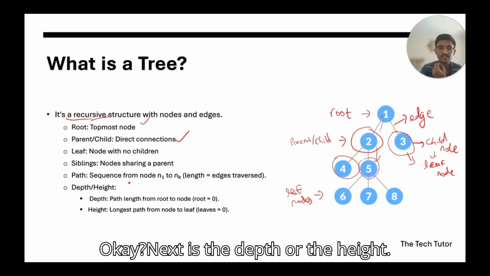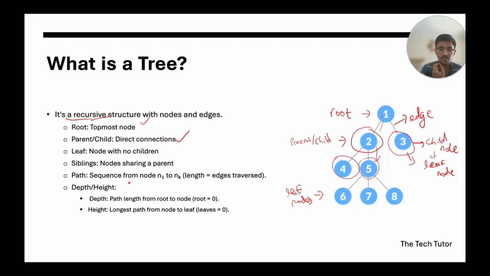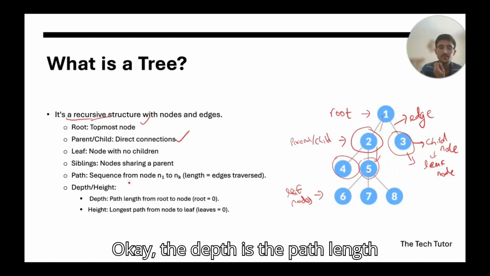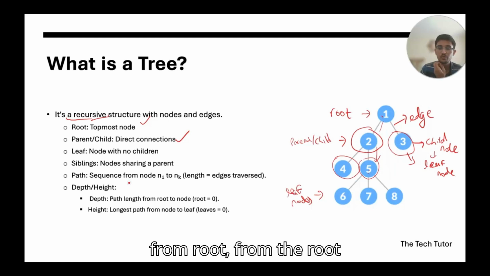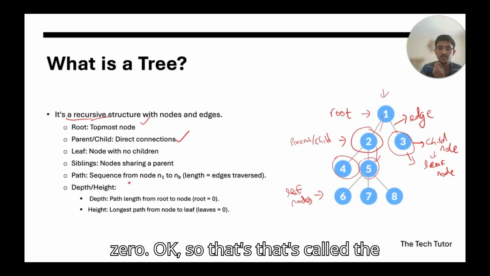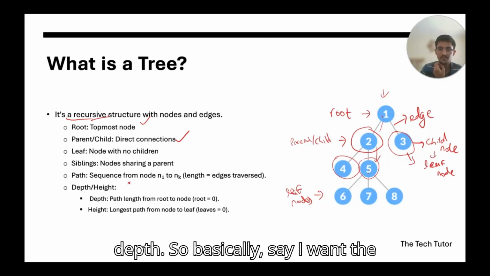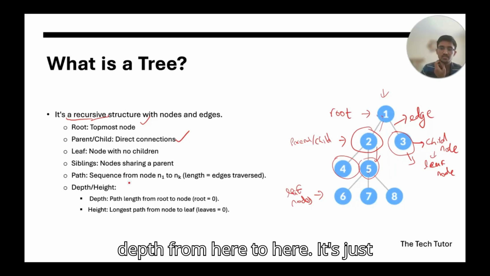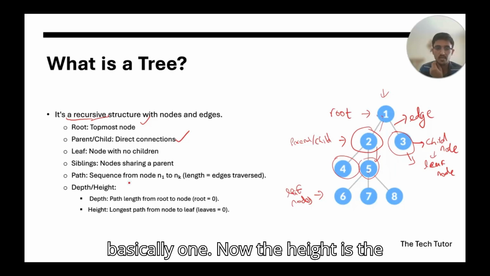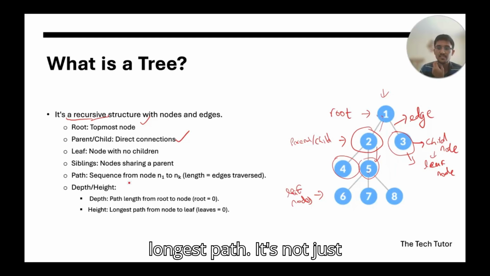Okay, next is the depth and the height. The depth is the path length from the root to a node. The root has depth 0. So that's called the depth. Basically, say I want the depth from here to here, it's just 1. Now the height is the longest path.